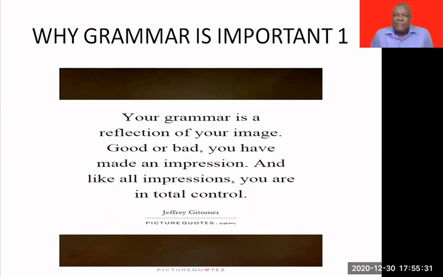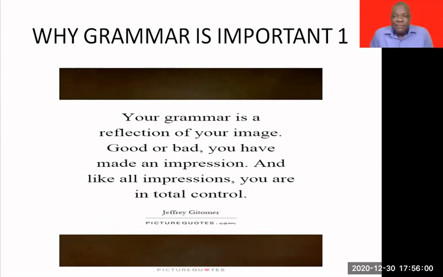That, I believe, completely, because, you know, when you communicate your ideas, people listen to you. And if you do not communicate your ideas with clarity, of course, you create a bad impression, you create a wrong impression. So your grammar is a reflection of your image.